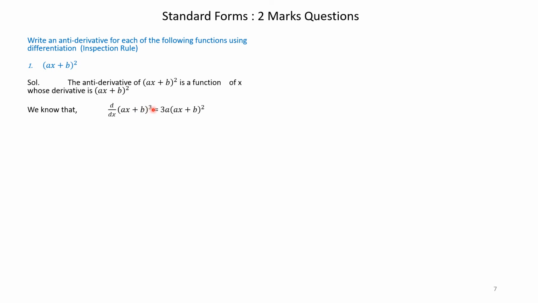So the differentiation is 3a (ax plus b) square. Therefore, (ax plus b) square is equal to 1 by 3a into d by dx of (ax plus b) whole cube. Therefore, (ax plus b) whole square is equal to d by dx of 1 by 3a into (ax plus b) whole cube.